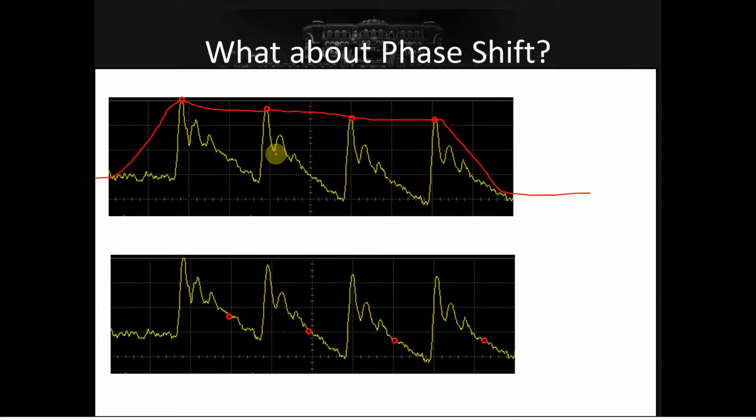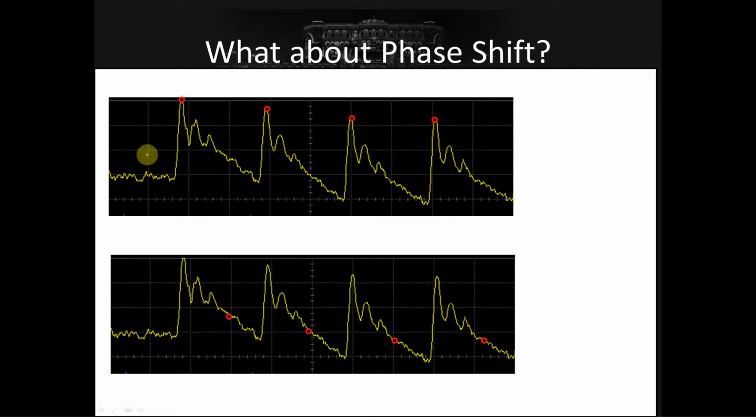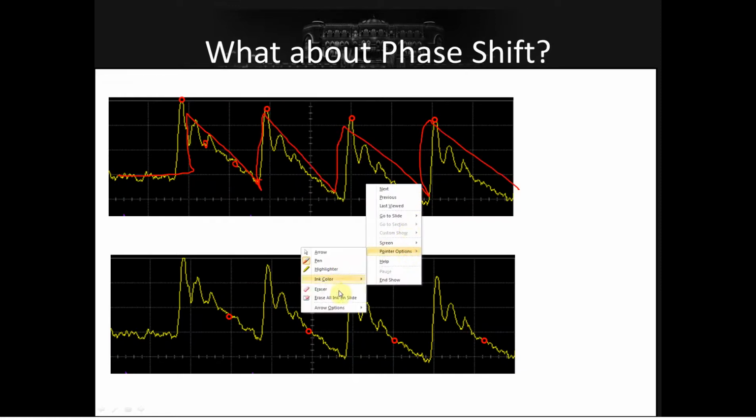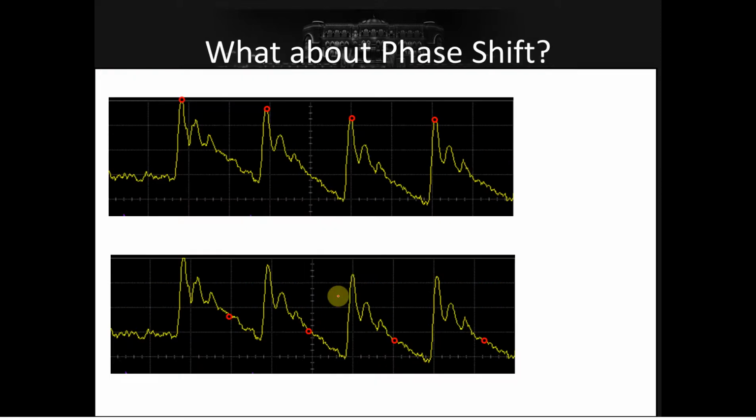So the point is that if you do 4 times sampling, so you're sampling here, let me just clear all this. You won't see all these little nuances, but you'll at least see the generic shape of the waveform. So when you look at the sample, it'll look something like that. And you can say, ah, yes, my device is running. So I sample it 4 times solely for that reason. The other thing I briefly mentioned when I did that demo is we have this phase shift property.